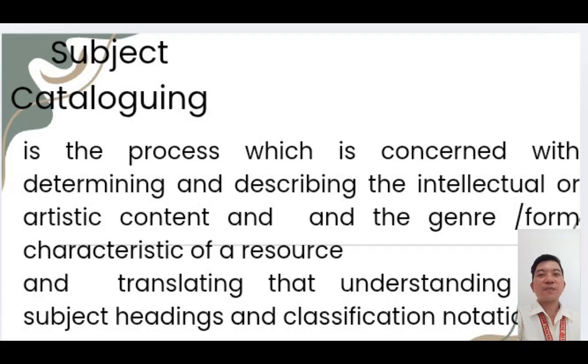Subject cataloging is a process concerned with determining and describing the intellectual or artistic content and the general form characteristics of a resource, and translating that understanding into subject headings and classification notation.